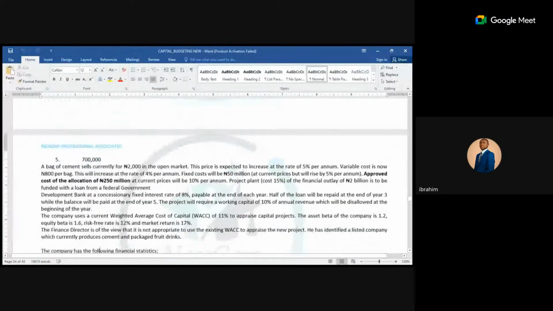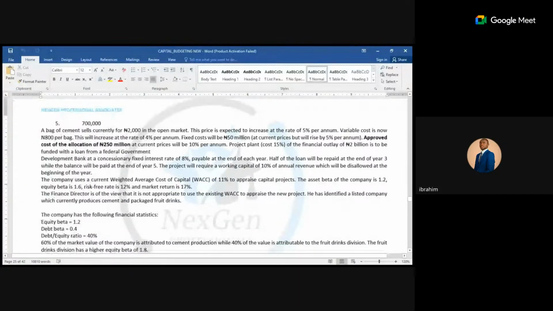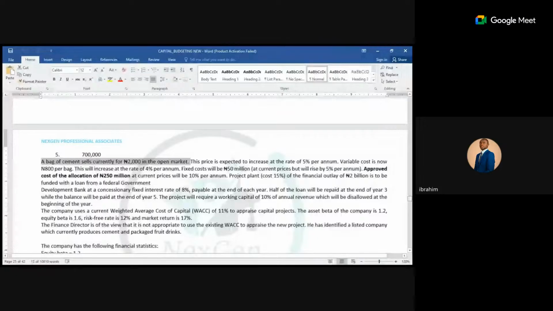Now, a bag of cement sells currently for 2,000 naira in the open market, meaning that one cement is 2,000 naira. Because they say a bag, one cement, that is the selling price per one.